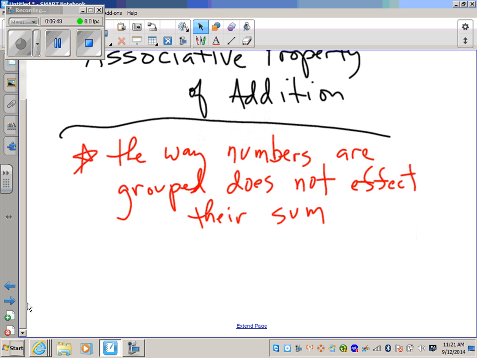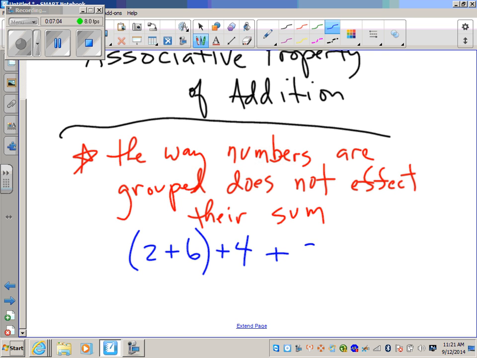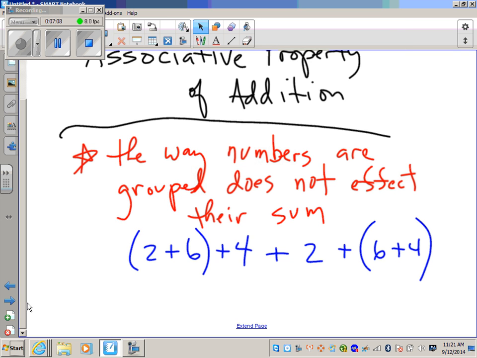Now, what's the difference between the associative property and the commutative property? What's the major difference between those two?